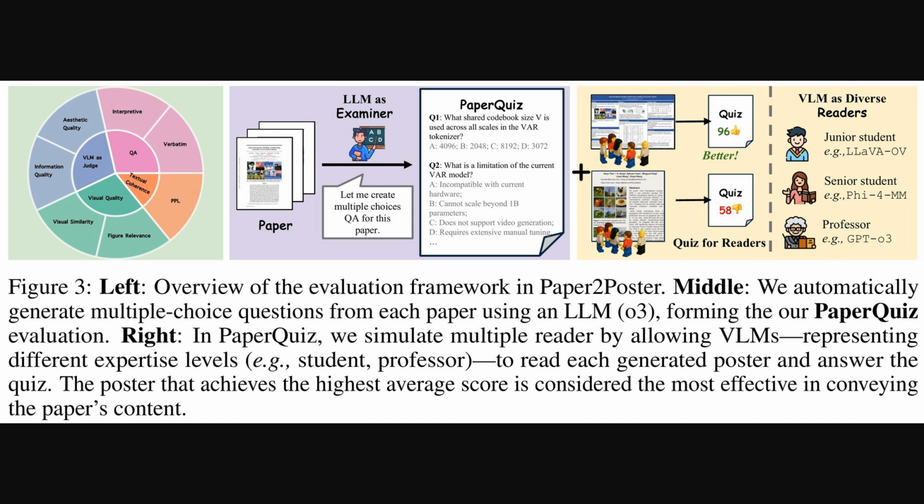A vision language model is an AI that can process and understand both visual information, like images, and text. Then, the middle part illustrates how an LLM generates multiple choice questions from the paper, forming that paper quiz we talked about. And on the right, it shows how different vision language models, acting as diverse readers like a student or a professor, take this quiz based on the generated poster to measure its effectiveness.